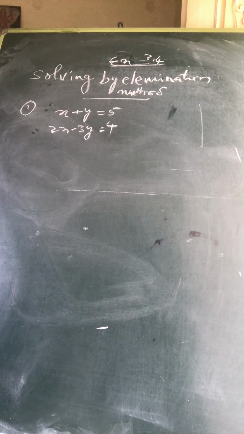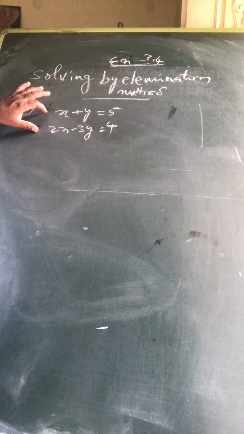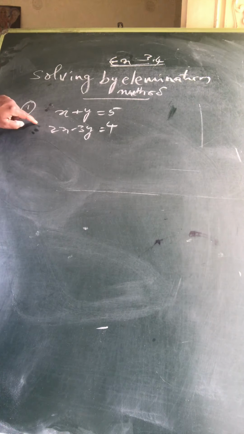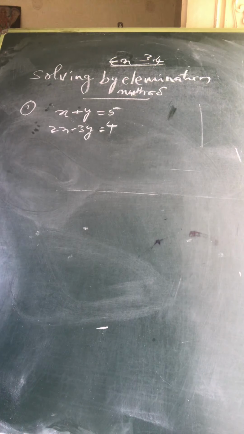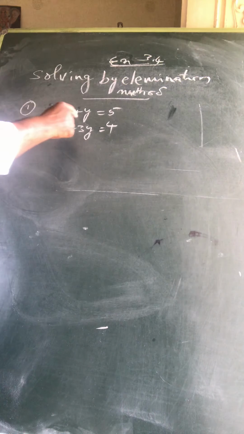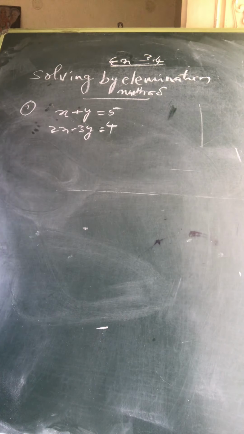To eliminate it, either we have to do addition or we have to do subtraction. To do that, the coefficients a1 and a2 must be the same, or b1 and b2 must be the same. But here, in x plus y is equal to 5, the x term is only x, and here the x term is 2x.